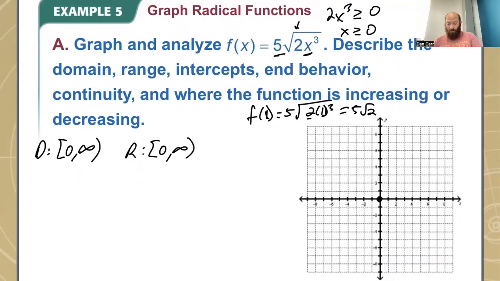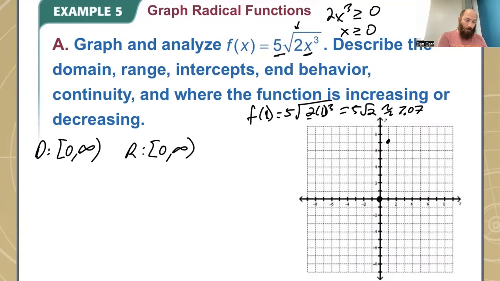As a decimal number, the square root of 2 is about 1.414, so 5 root 2 comes out to about 7.07. At 1, it's going to be way up here, just past the 7 mark. So you can see this is going to be a big graph right away.